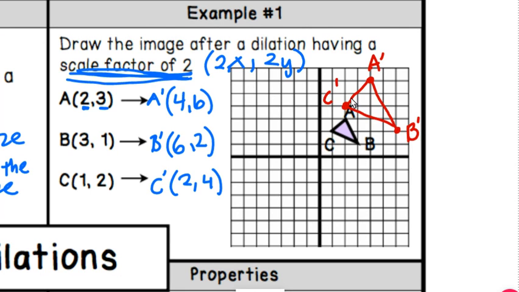With our dilations, to try to mentally make all this happen, it's very hard. Not because it's challenging material, it's just a lot to expect our brains to do. So take your time. You have to write the ordered pairs anyway, so do them first. Let's look at another example.